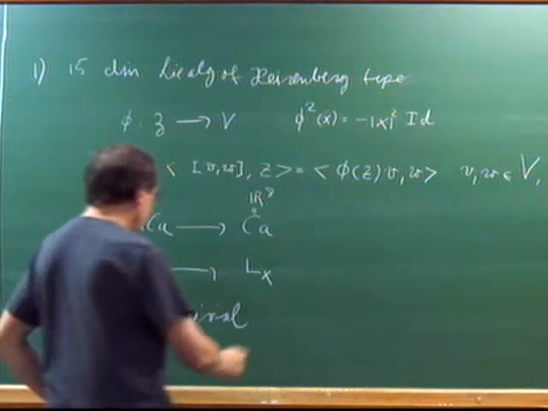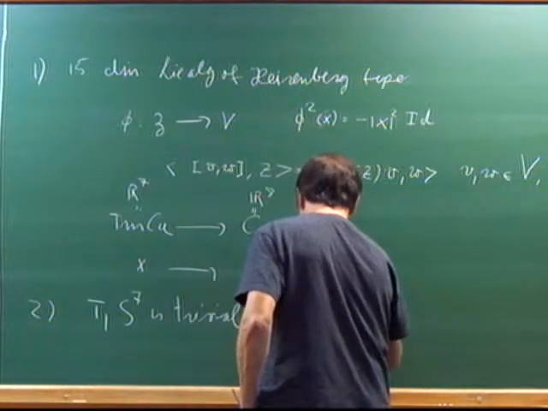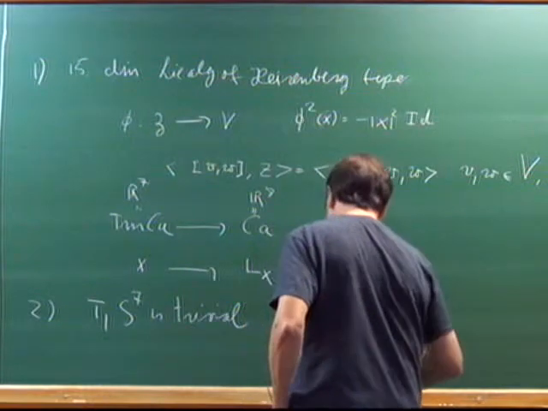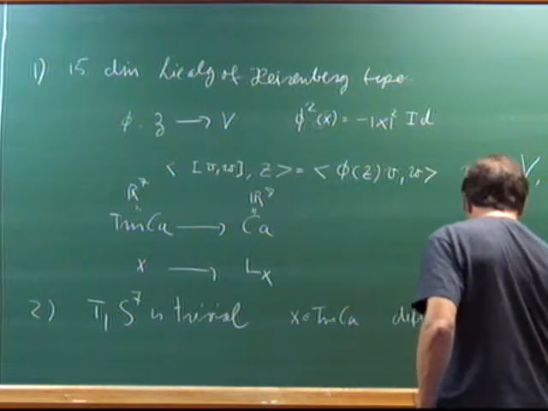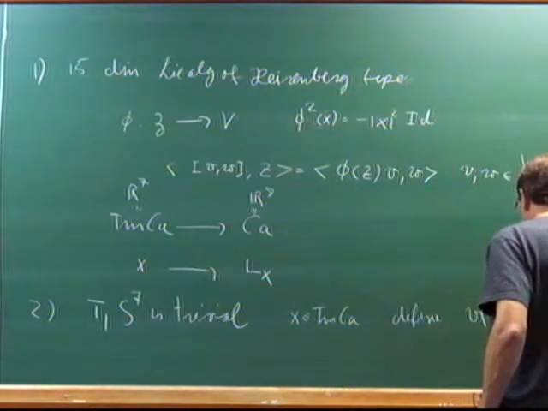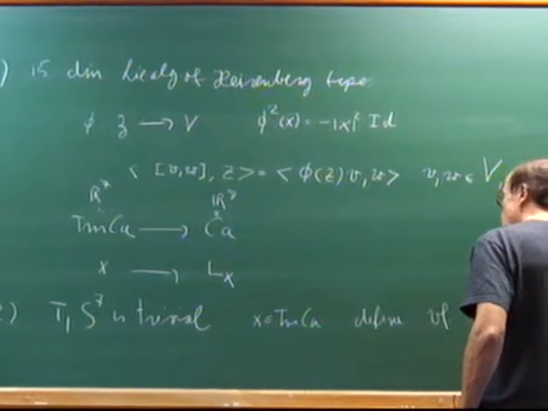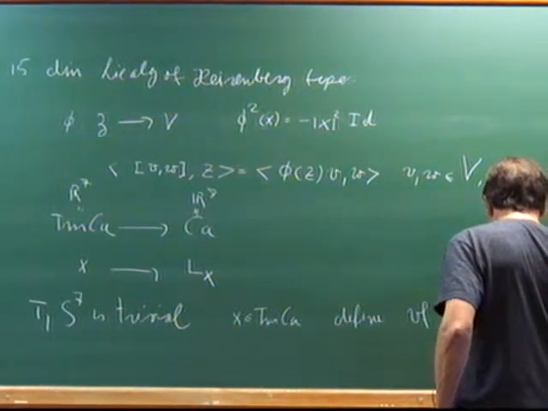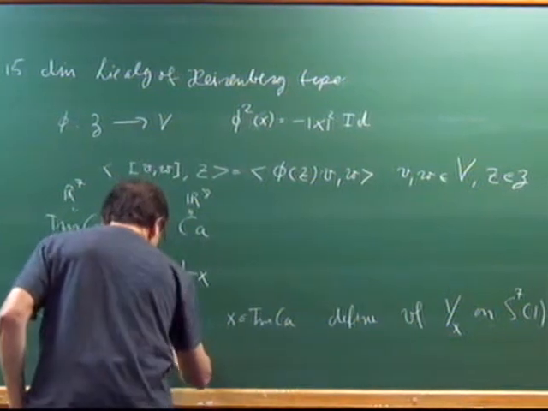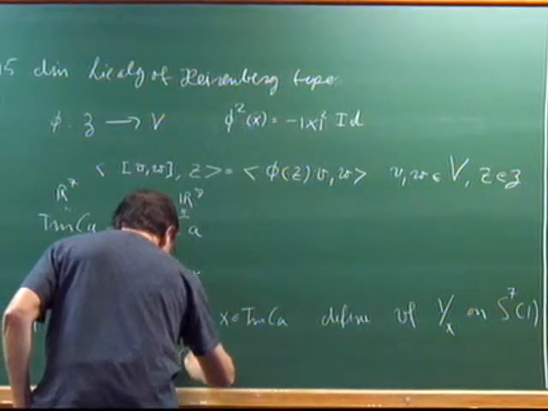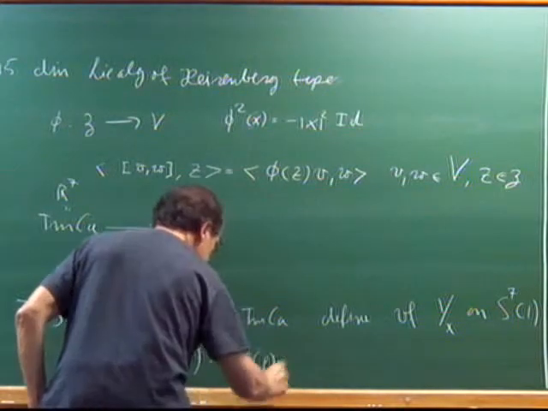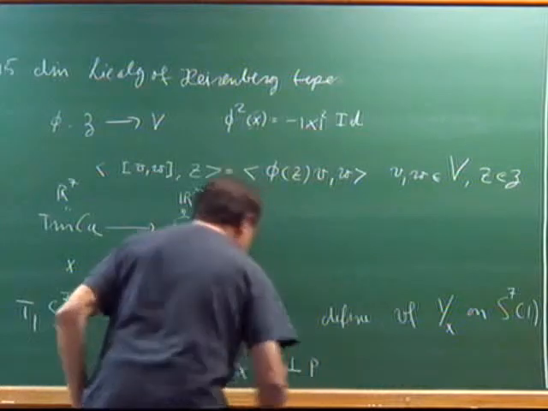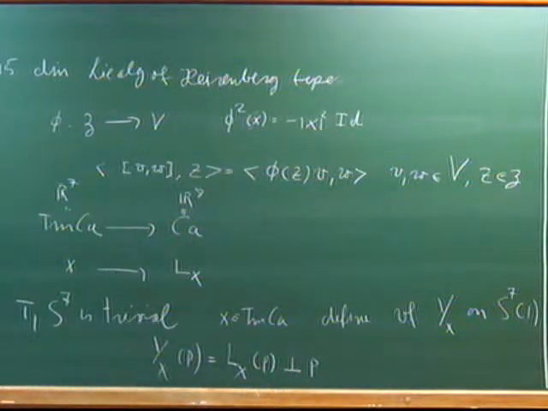By doing the following: take an x which is an imaginary Cayley number, then I can define a vector field, let's call it Y_x, on S7, the sphere of radius 1, by saying Y_x at the foot point p is x times p, so left translation by x applied to p. That's orthogonal to p because for an imaginary Cayley number, Lx is skew-symmetric.